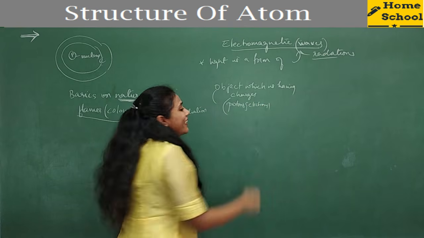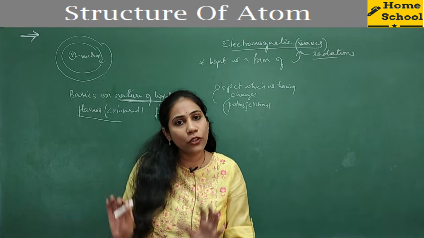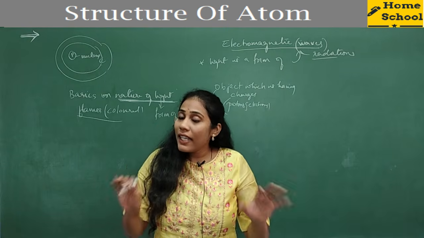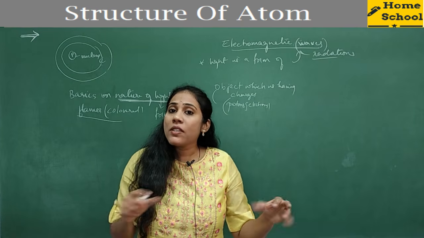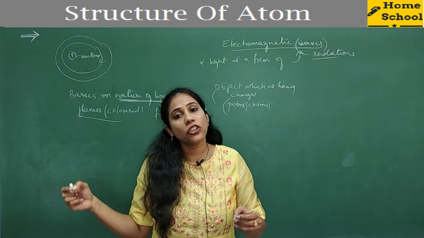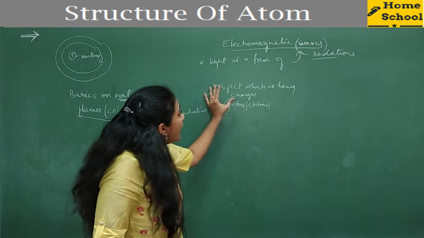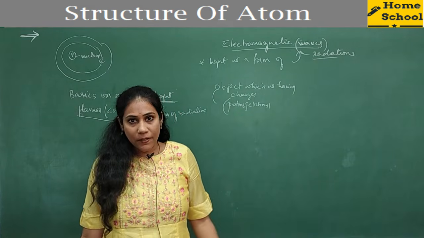Any object in the universe will contain atoms. We know that atoms have protons and electrons inside, and these protons are positively charged, electrons are negatively charged. We know that also, right? So any object which is having charges, that means protons and electrons.